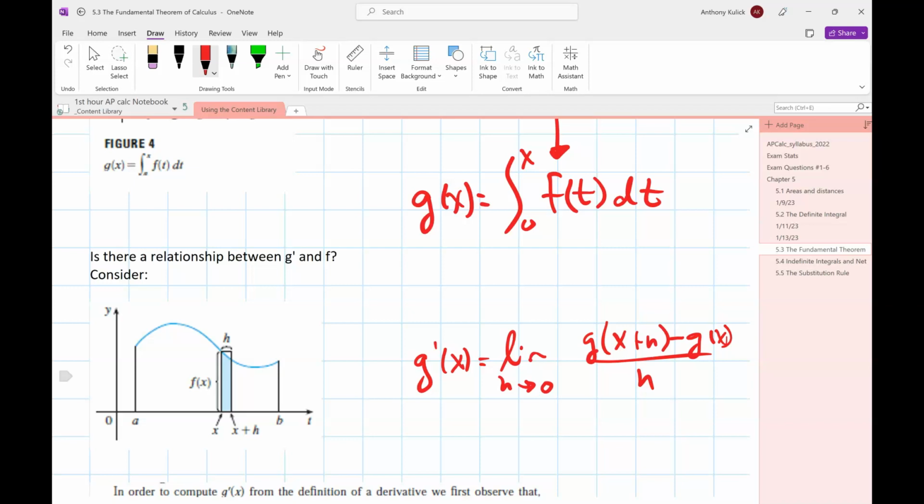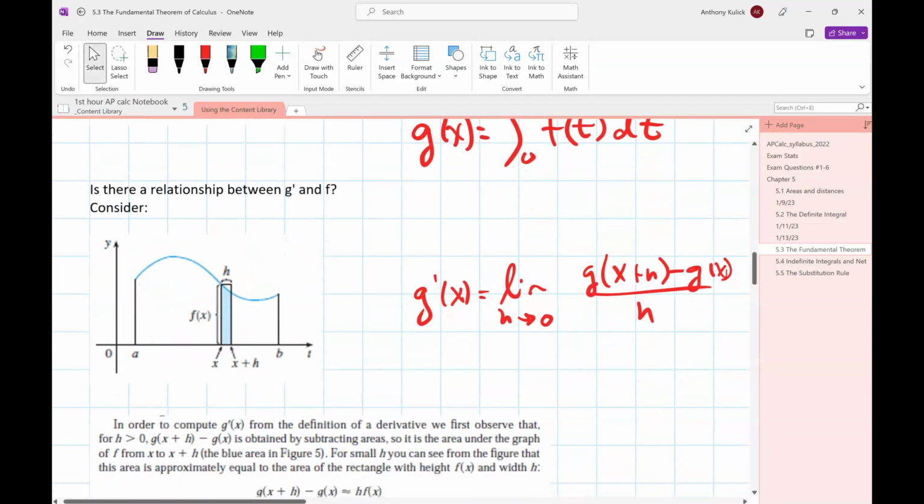And here we have a picture to illustrate. The height of my rectangle is f of x, and the width of that rectangle then is h. Everybody's okay? And we're looking at the rate at which that rectangle is changing size.